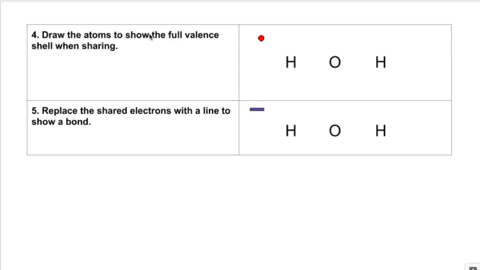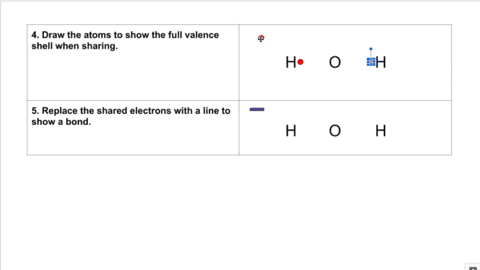So drawing the atoms to show their full valence shell when sharing, okay? Also remember, during this part, you want to put the unpaired valence electron towards the center. So hydrogen only has 1 valence electron, so I'm going to put it towards the other atom. And same thing with this, the unpaired, I'm going to put towards the center or the other atom, okay?